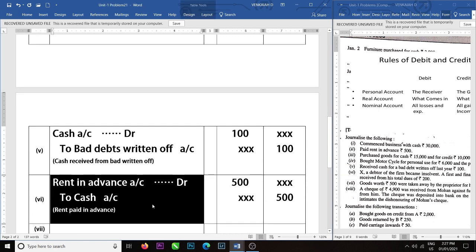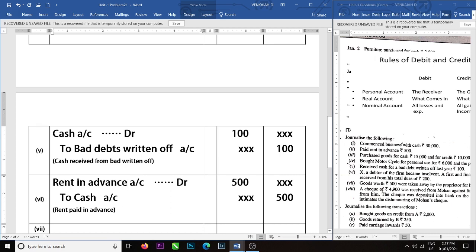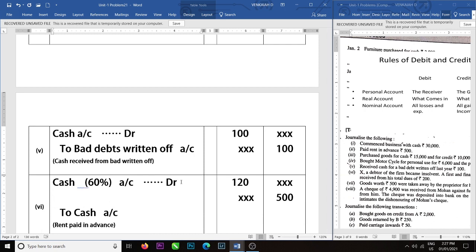When we forced him, he told that he can pay 60% only. So we received cash, 60%. Account debit. So the remaining 40% is bad debts.